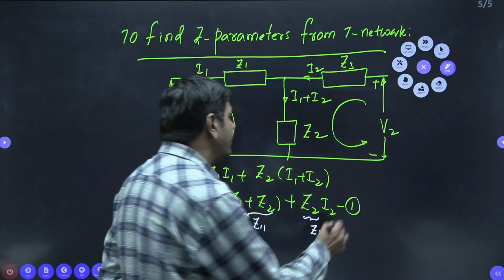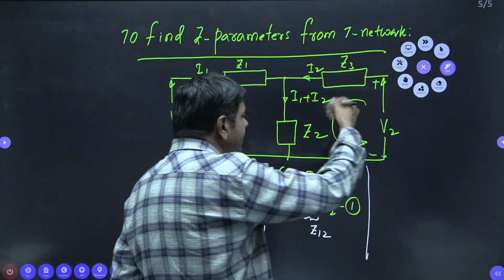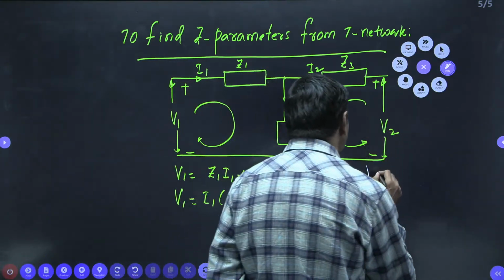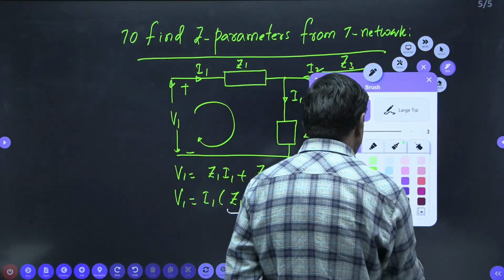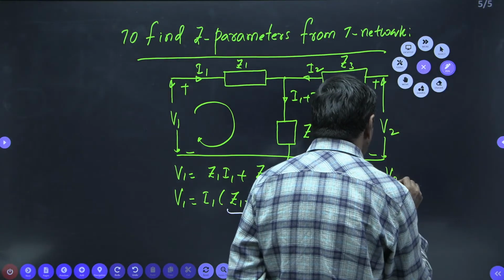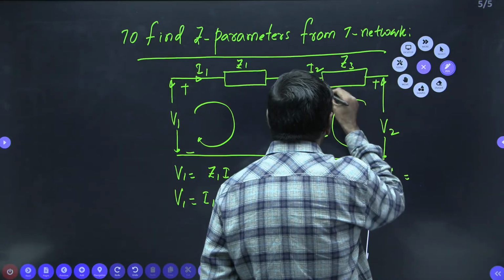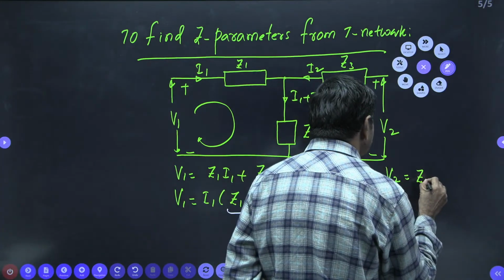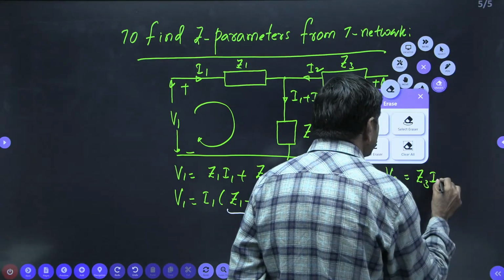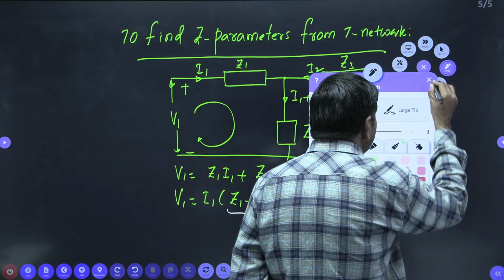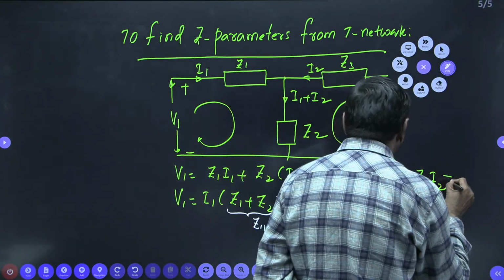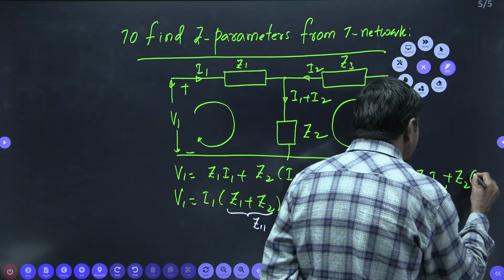And the second equation I would like to get from this loop only now. Whenever I apply the KVL here, I will get V2 equal to Z3 into I2, plus Z2 into I1 plus I2, I can put now.